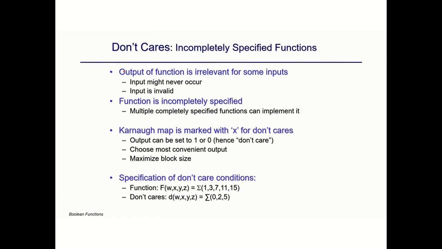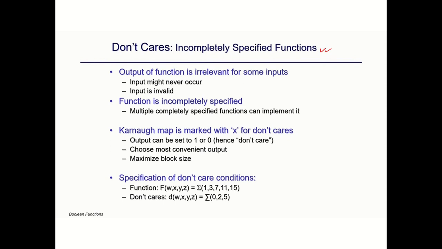So if don't cares are used, as I have already discussed, don't cares are those particular conditions which do not actually occur during the application of the problem. So these are exactly the incompletely specified functions. Why incompletely?